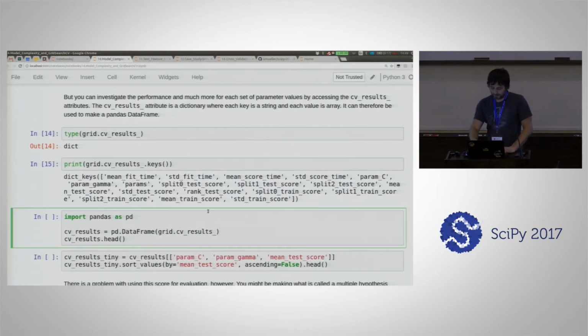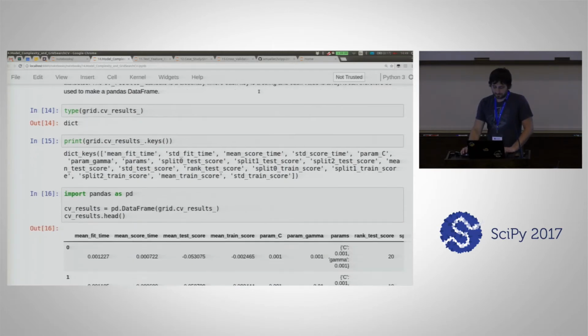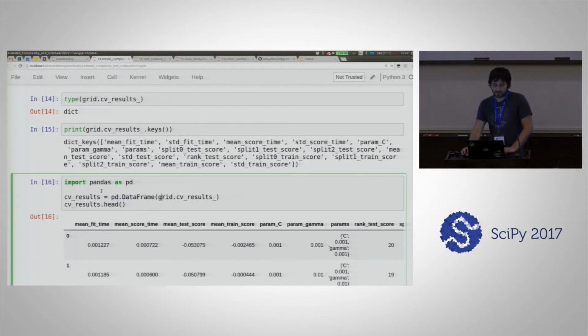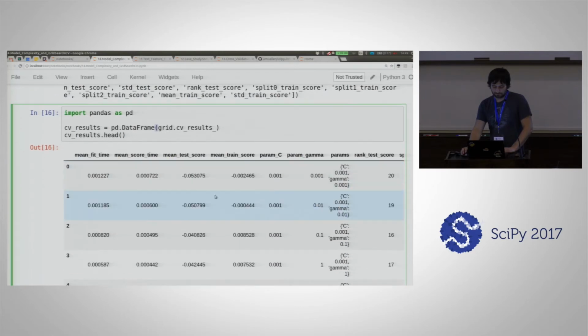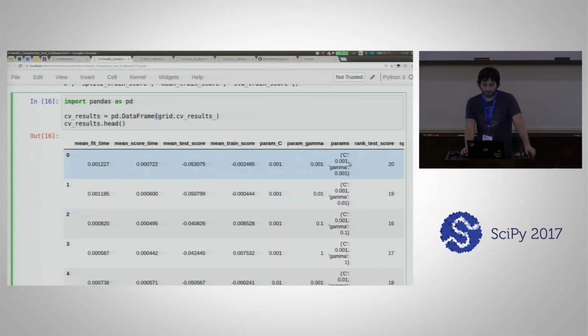So this is a big table. The easiest way to look at it is using pandas. So from this dictionary, I create a pandas data frame. And each row here corresponds to one combination of the parameter C and the parameter gamma.